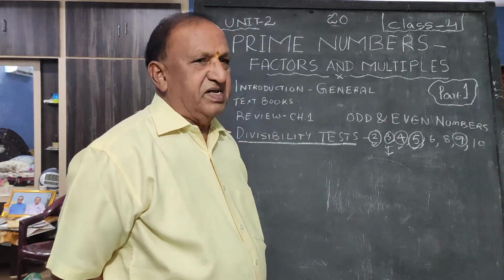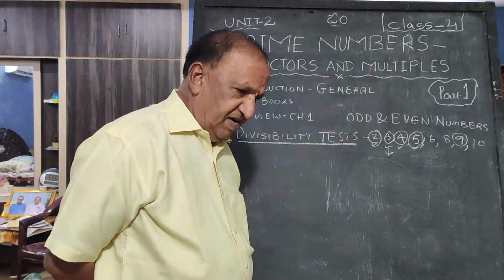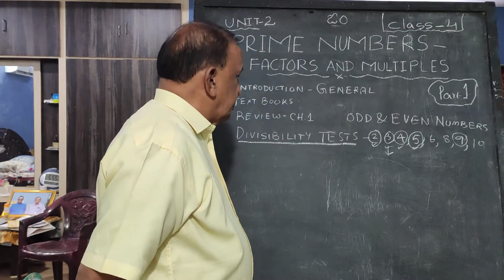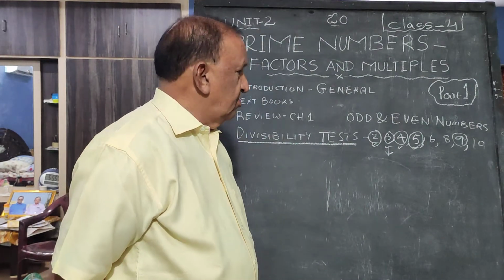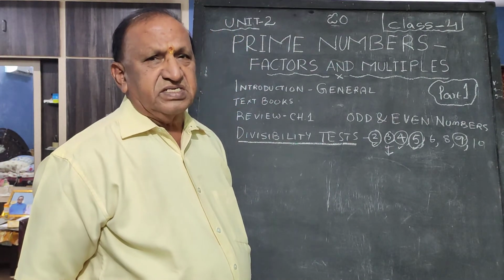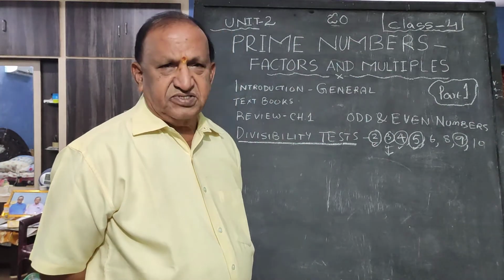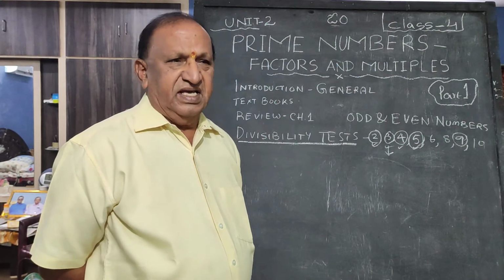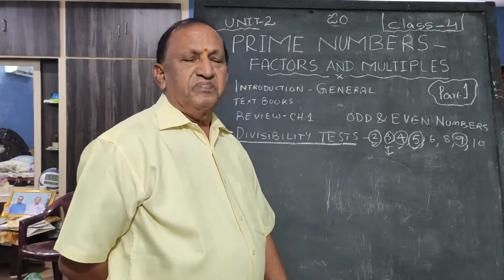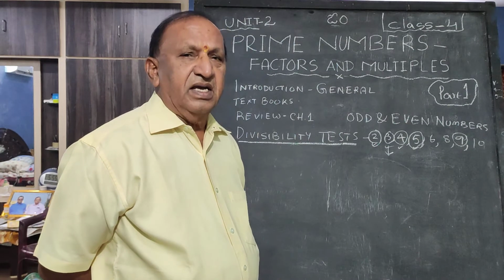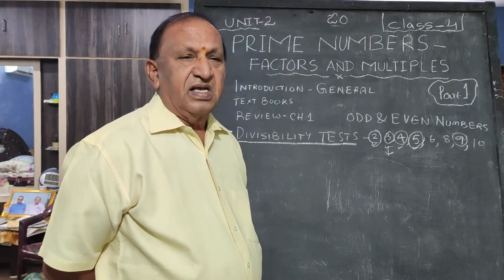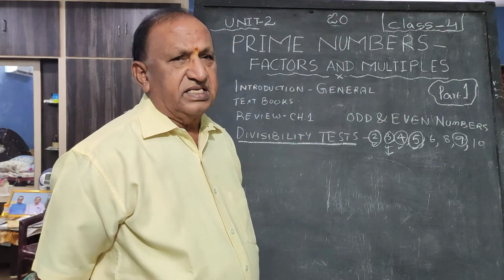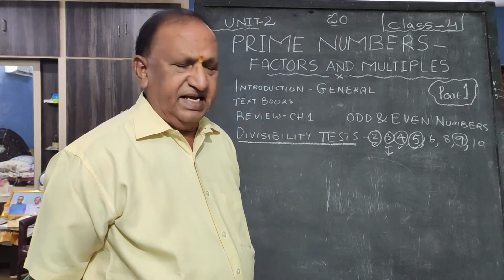Okay? Now, having understood what is an odd number and what is an even number, we will think about the divisibility tests. We'll review the divisibility tests for 2, 3, 4, 5, 6, 8, 9, and 10. For the first one, a number is divisible by 2 if the last digit, or the digit in the units place, is either 0, 2, 4, 6, 8.